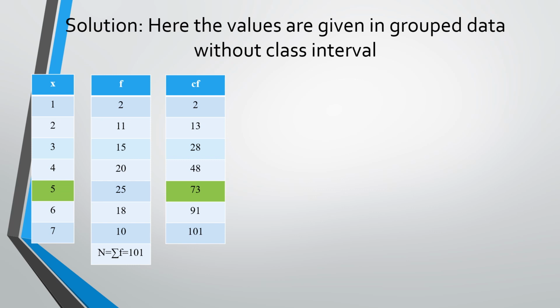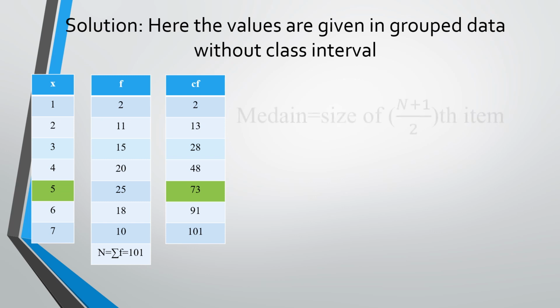The next cumulative frequency value will be 13 plus the next value of the frequency, that is 15. 13 plus 15 is equal to 28. The next cumulative frequency value will be 28 plus the next frequency value, that is 20, so it will be equal to 48. Like that, the next one is 73, the next one is 91, and the next one is 101.